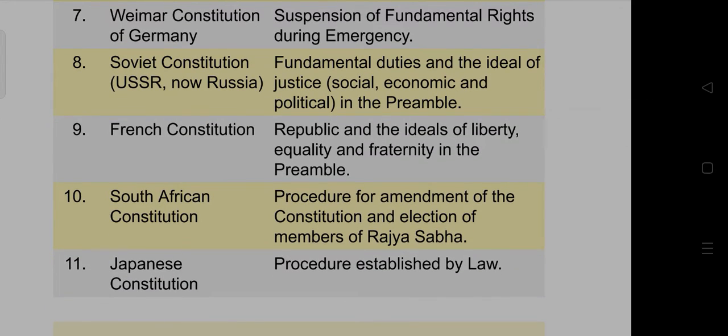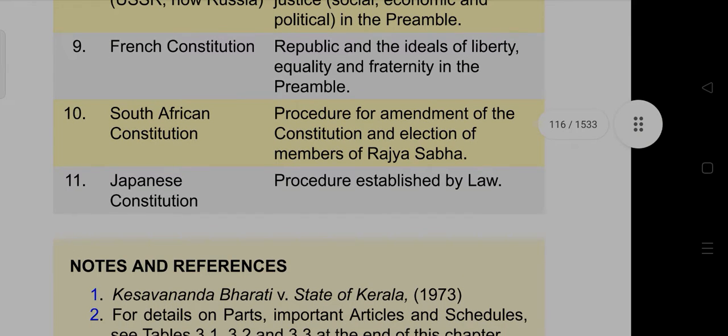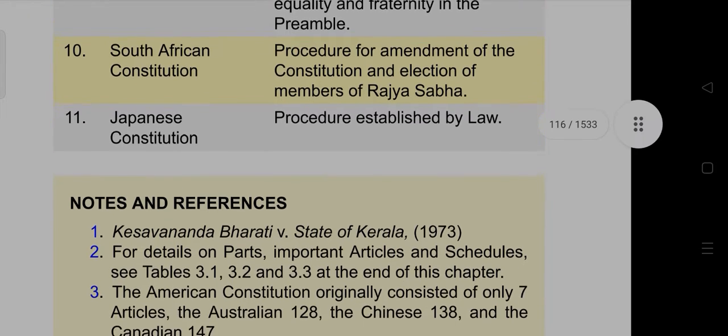Eighth, Soviet Constitution, then USSR, now Russia: the fundamental duties and the ideals of justice, social, economic, and political in the preamble. Ninth, French Constitution: the Republic and the ideals of liberty, equality, and fraternity in the preamble.